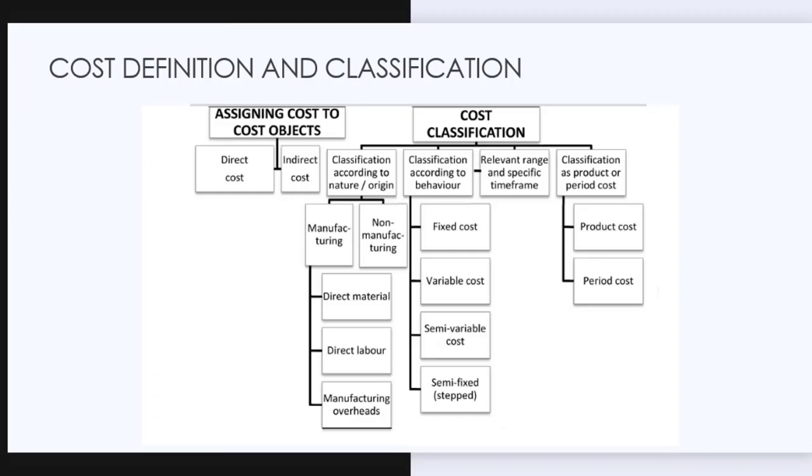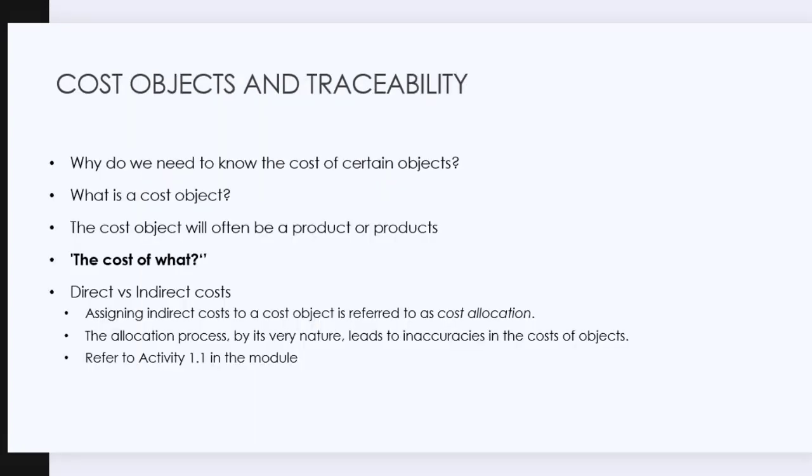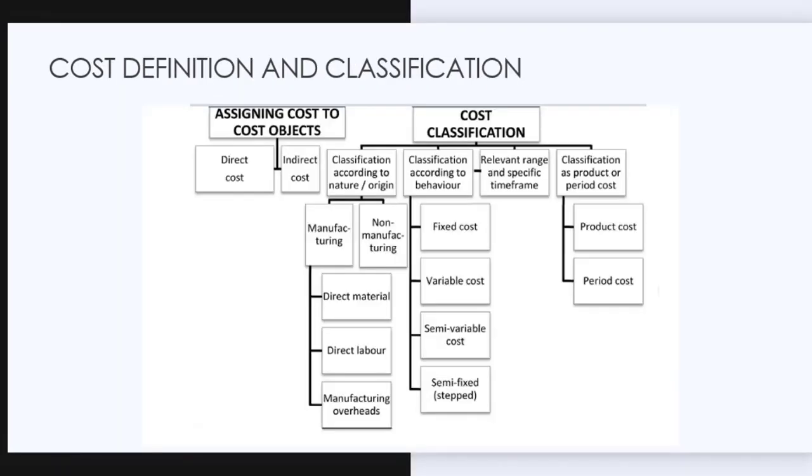So, cost definition and classification. What do you understand to be a cost object? Before I give that, what do you guys understand to be a cost object? Do you know an example of a cost object? Maybe the cost of running a department, like cost of service, cost of product.